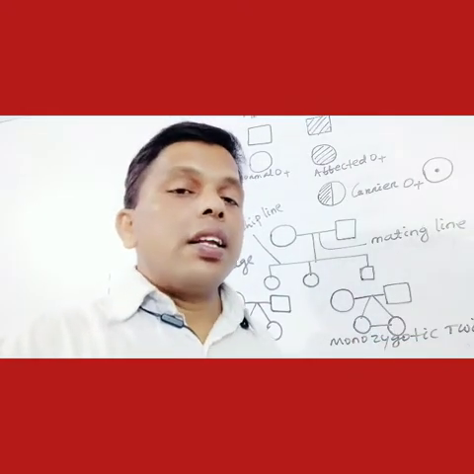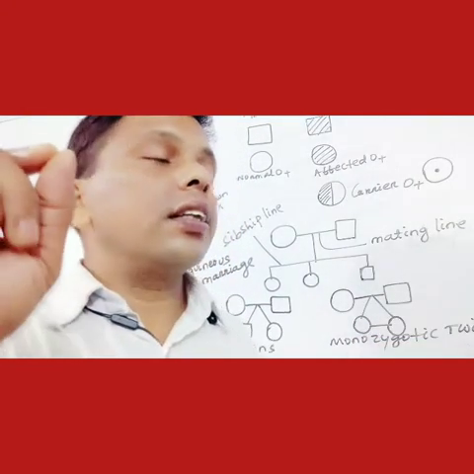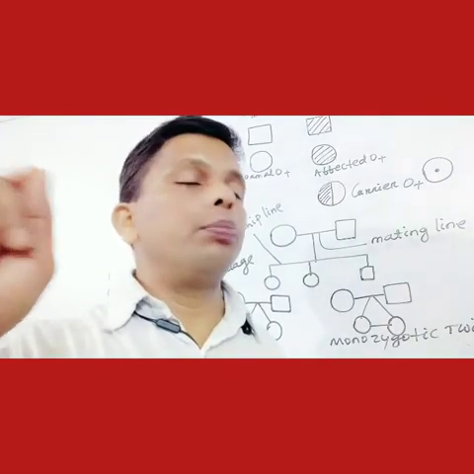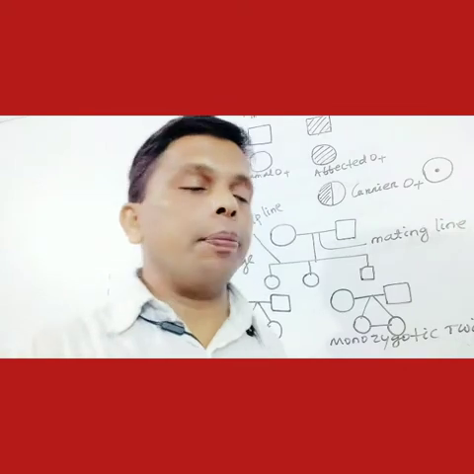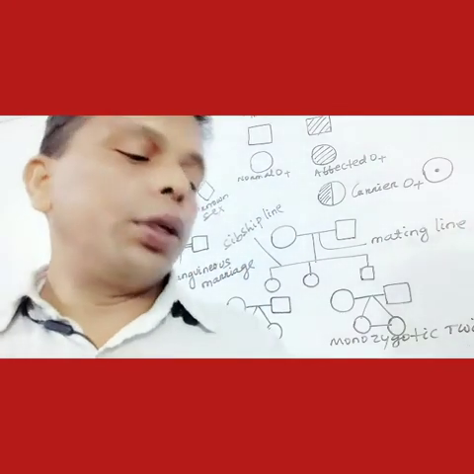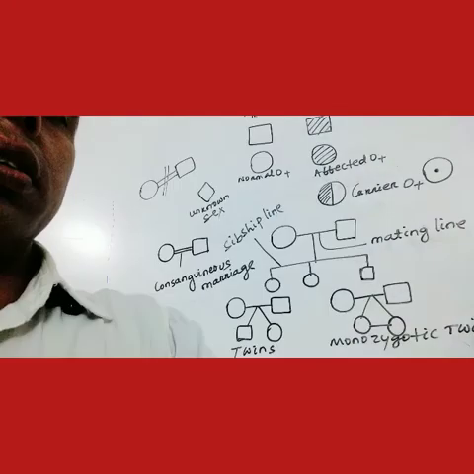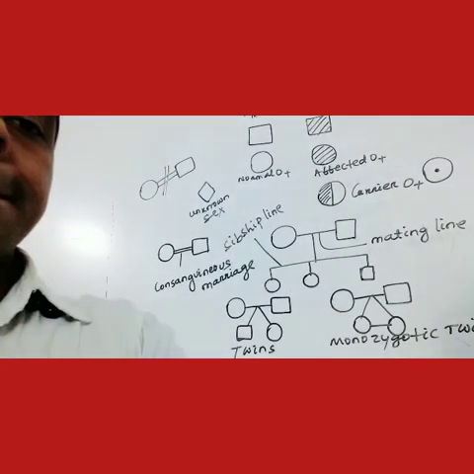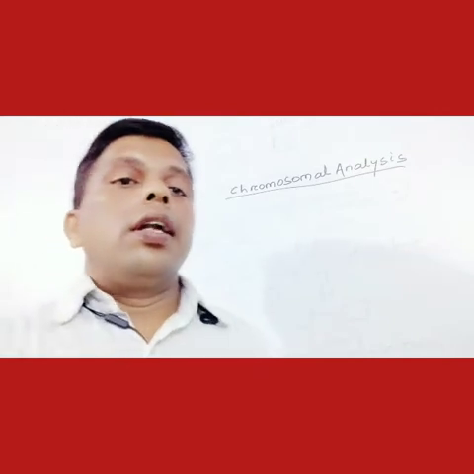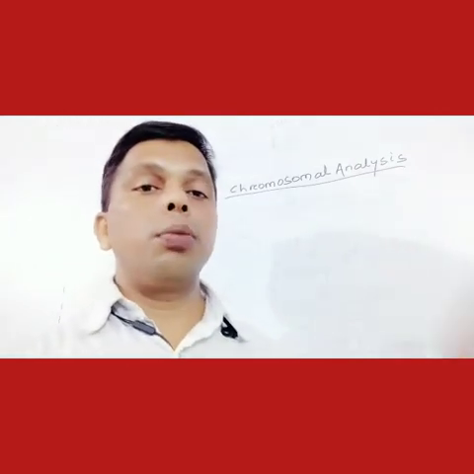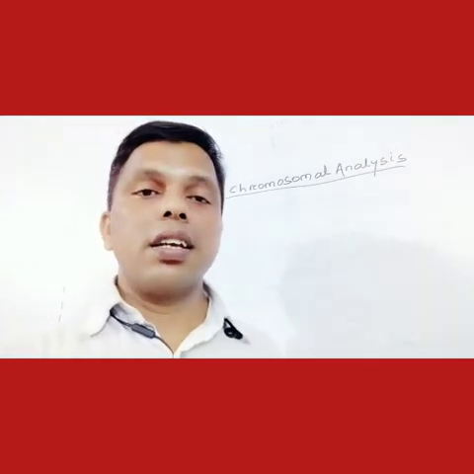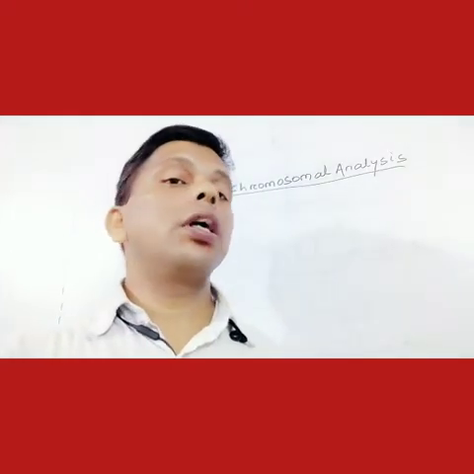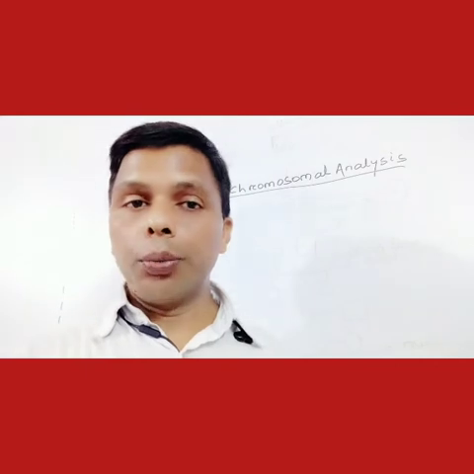Then let's see the chromosomal analysis first to determine the pedigree. Let me erase first. Let's discuss chromosomal analysis. As you know, chromosomes are of 2 types: autosomes and sex chromosomes.